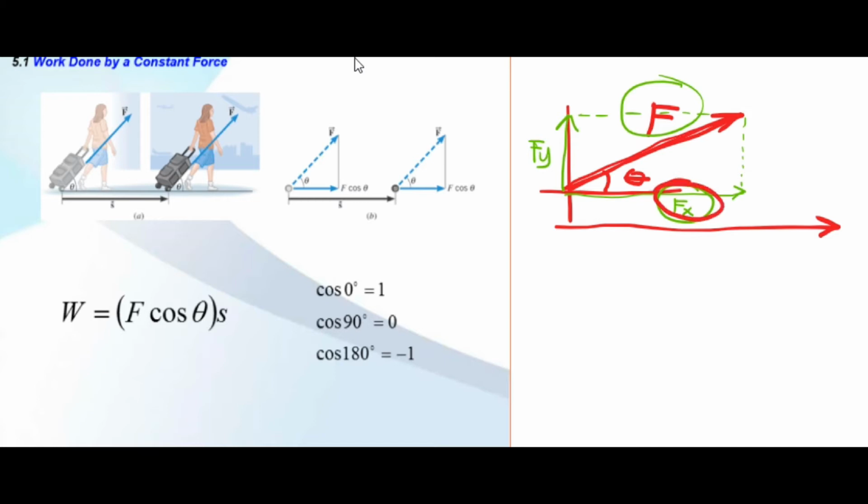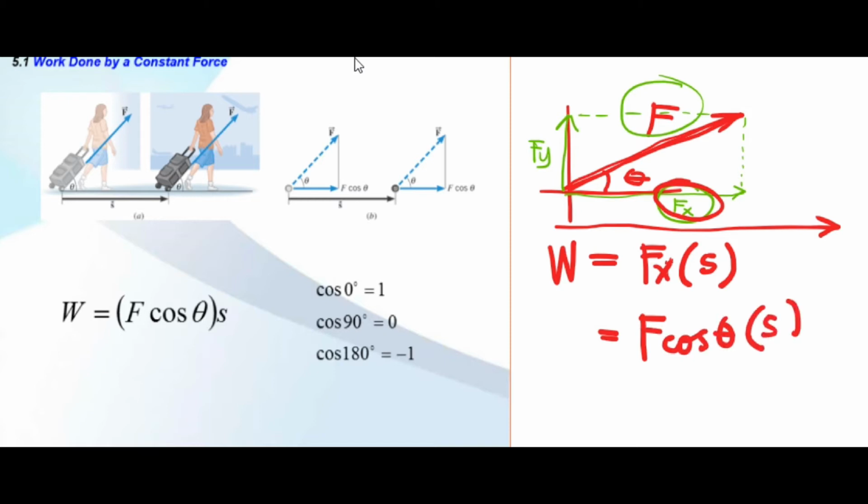So if we compute for the work, it will be W = Fx times S, where Fx is F cosine theta, multiplied by the displacement S. So this is the work done for an object with a force acting not parallel to the motion.